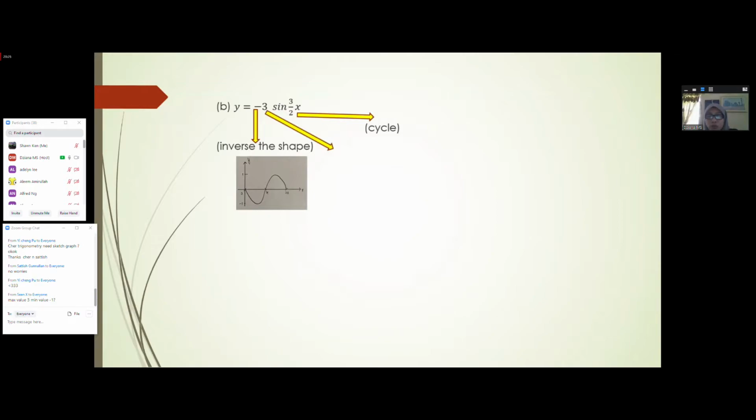Okay, can you sketch your graph? If you don't understand, please stop me or ask me. Yeah? Sketch your graph now. If someone can sketch on the screen, please go on. Okay, I give you time to sketch.